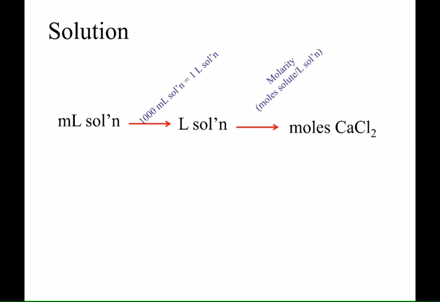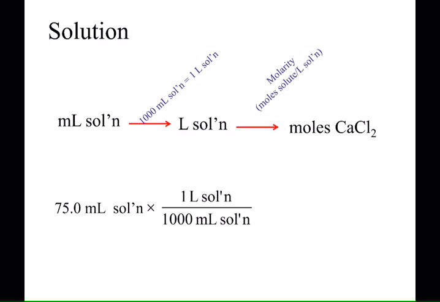Not too bad. So what's our first term going to be? It's going to be the thing we want to convert, 75.0 milliliters of solution over 1. Don't forget over 1. So we want milliliters of solution to cancel. What does our next term look like? It will look like this: 1 liter of solution over 1,000 milliliters. Very good. Milliliters of solution cancel. We're left with liters of solution.